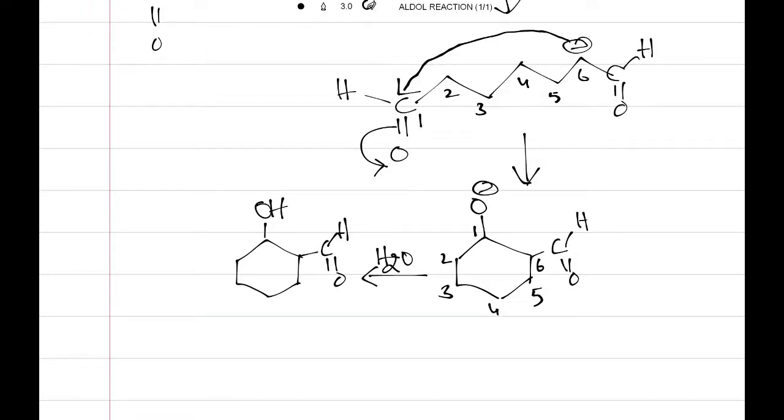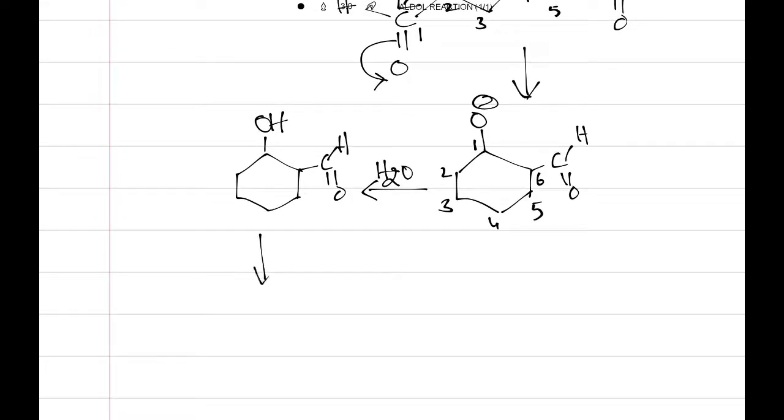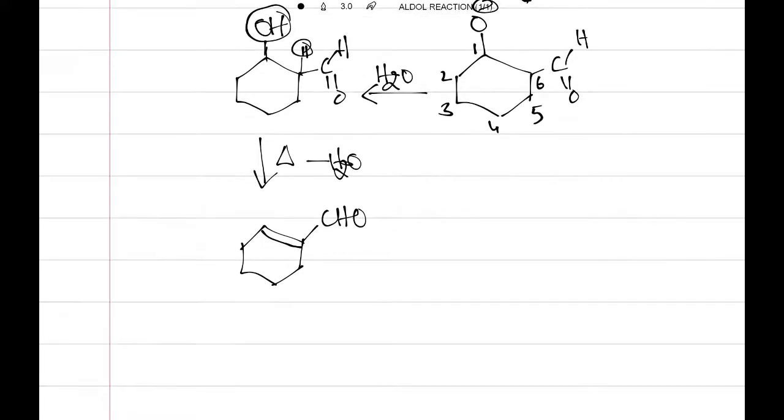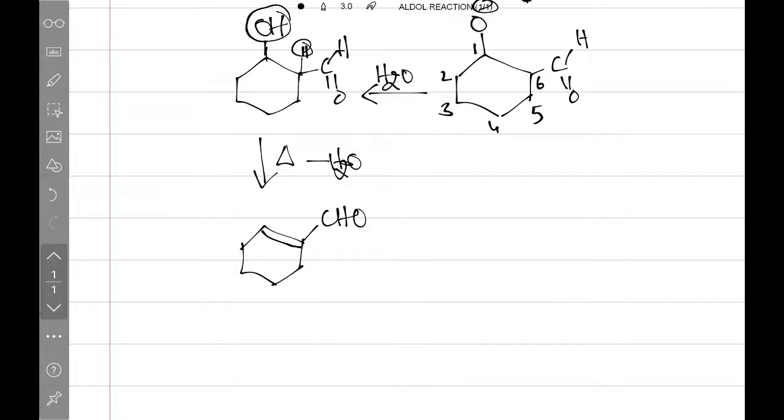After a small amount of heating, on heating the result is elimination of water. From this carbon it is OH, from this carbon it is hydrogen, and we can get the alpha beta unsaturated carbonyl compound.